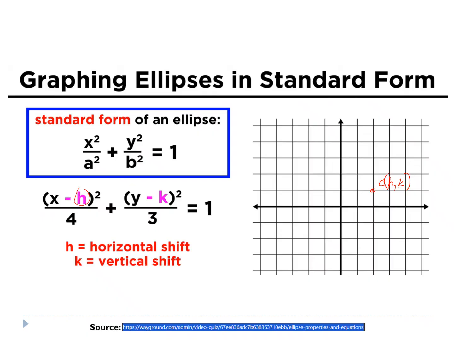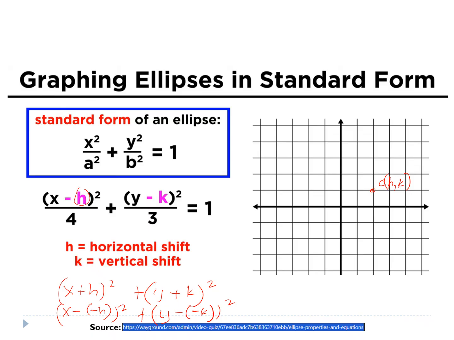But if it happens that the equation becomes like this, x plus h squared, and y plus k squared, you have to express this in this manner, minus minus. So you can write this as x minus minus h squared plus y minus minus k squared. So in this case, we have a negative h and negative k.